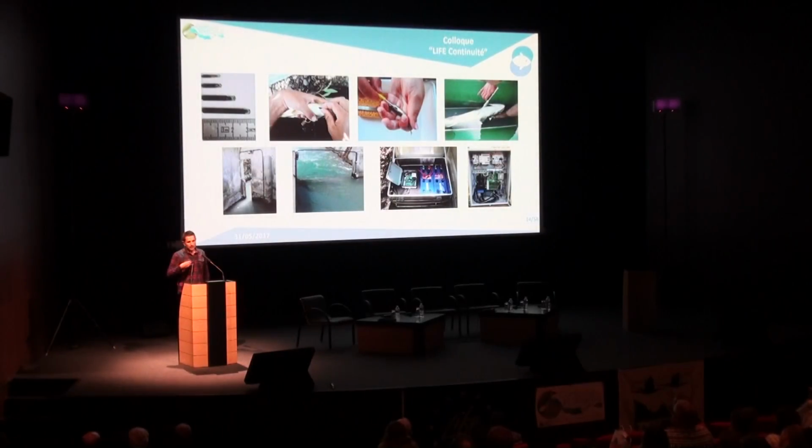I've put a few pictures of the tagging, so you can see small crystal capsules. We put that in the peritoneal cavity of fish because it is a very good area.